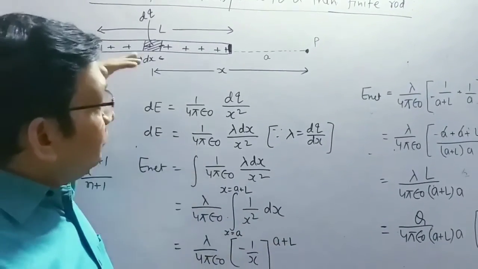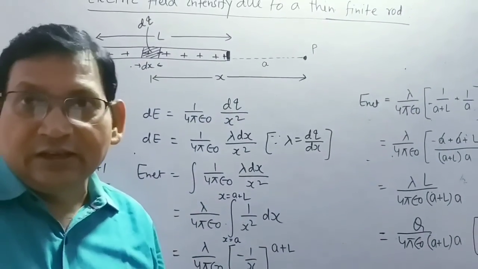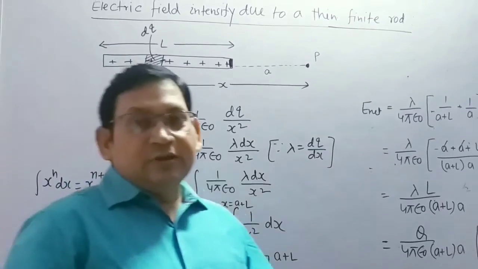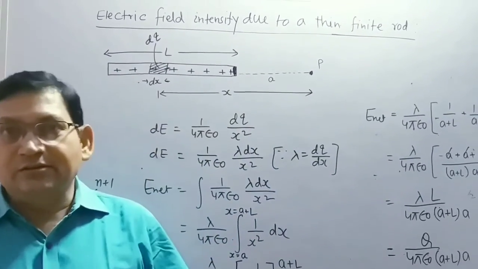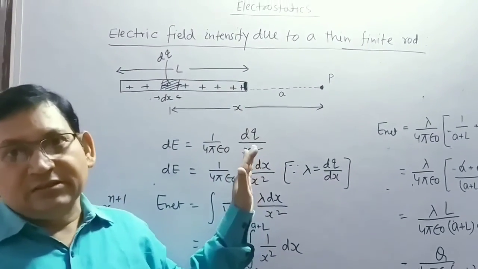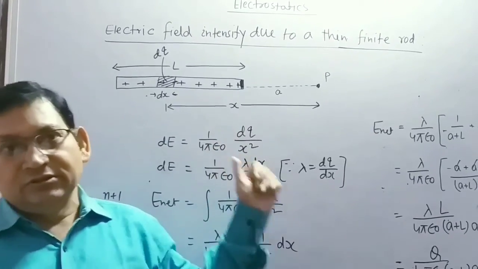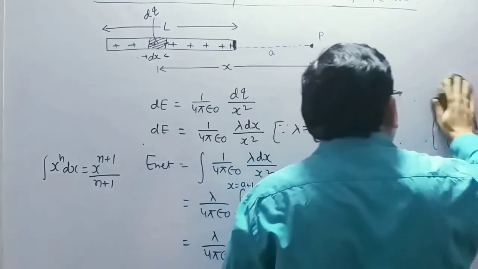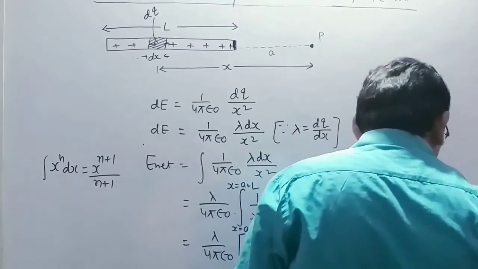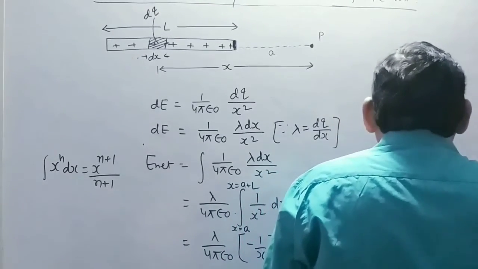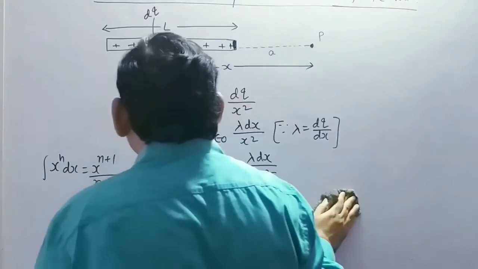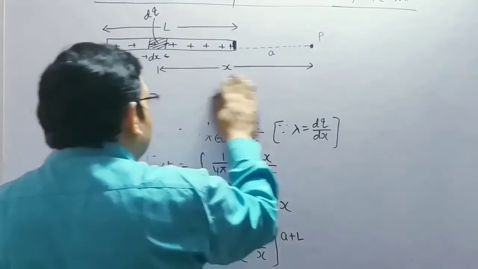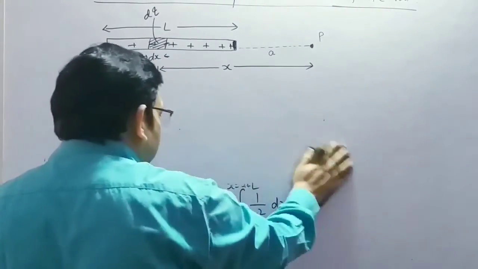So that is the field we have calculated on the axial line. Now we try to calculate the field due to a finite rod on the perpendicular bisector of the given rod. Now we'll find the electric field intensity due to the same rod on the perpendicular bisector of this rod.